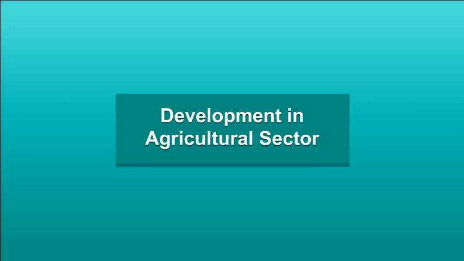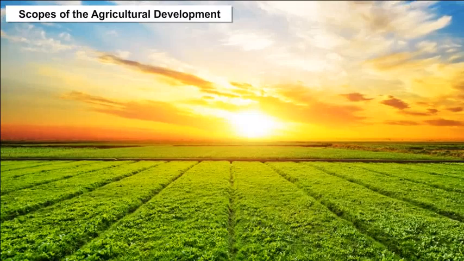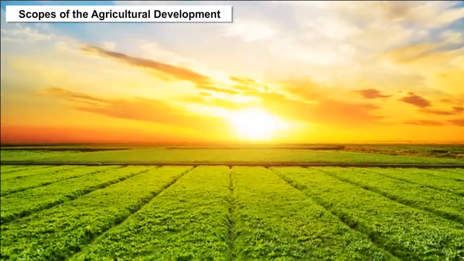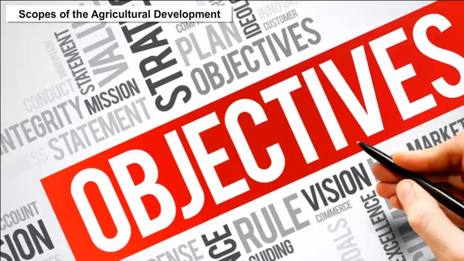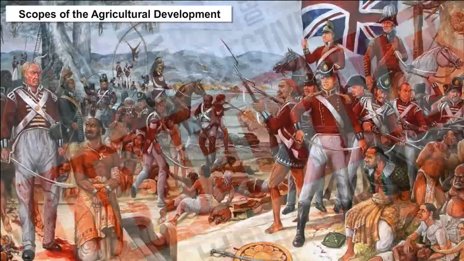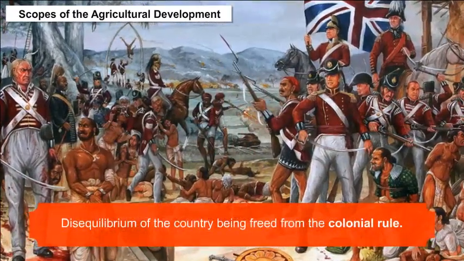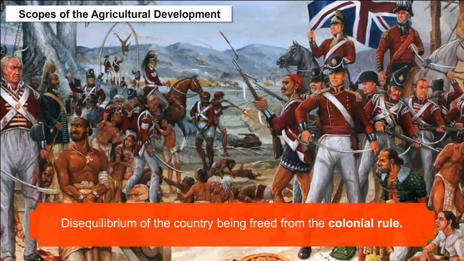Development in the agricultural sector. Scopes of agricultural development. The chief objective of the first 5-year plan was to restore the disequilibrium of the country after being freed from colonial rule.